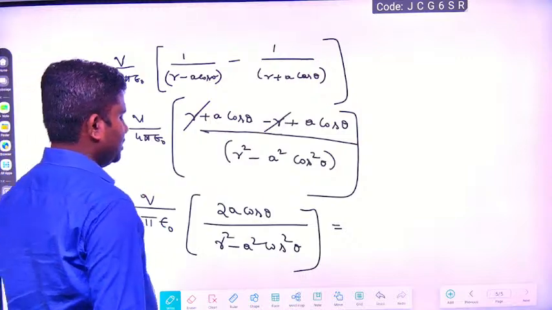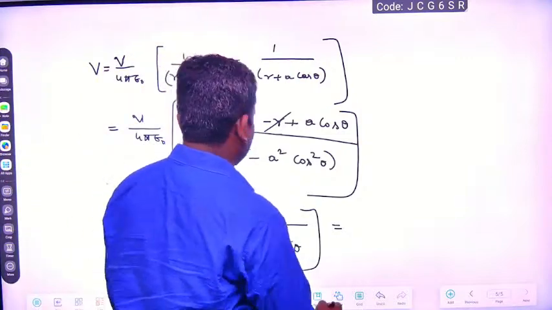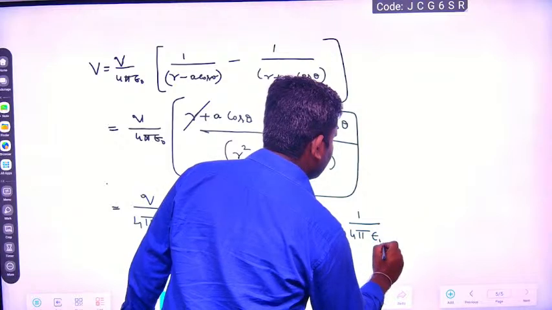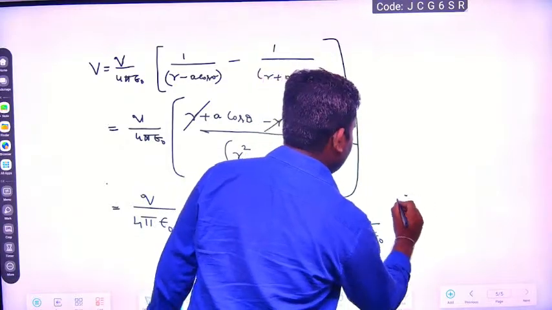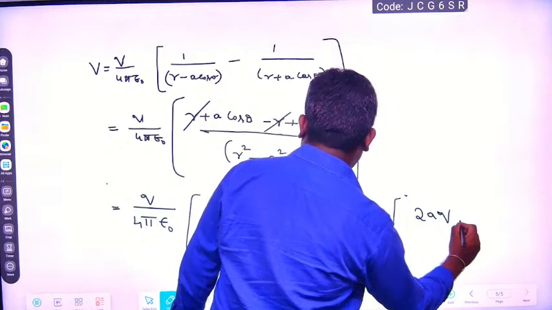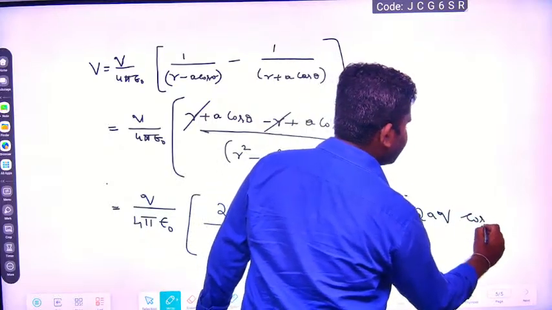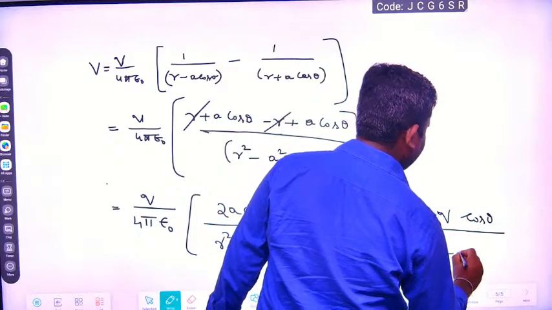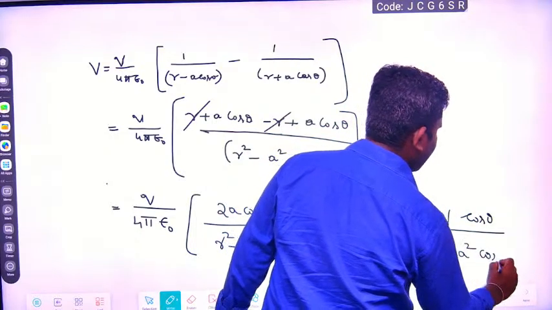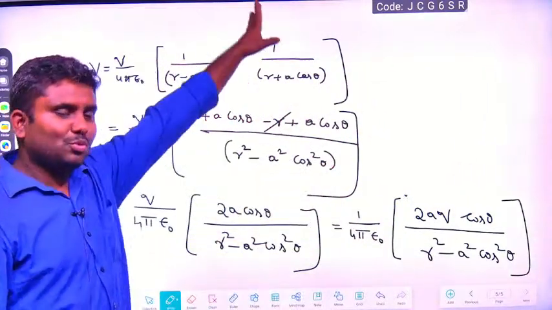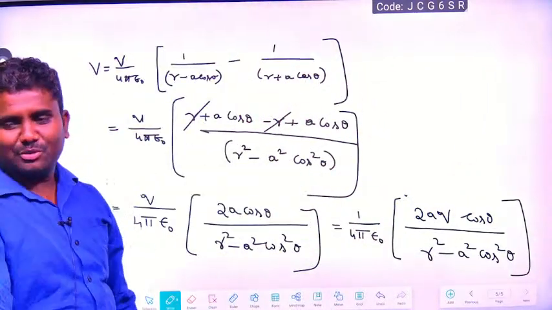So what is 2AQ? You write 1 by 4 pi epsilon naught. 2A is there, no? I multiply Q. 2AQ cos theta divided by R square minus A square cos square theta. Yes. What is 2AQ, Venu?